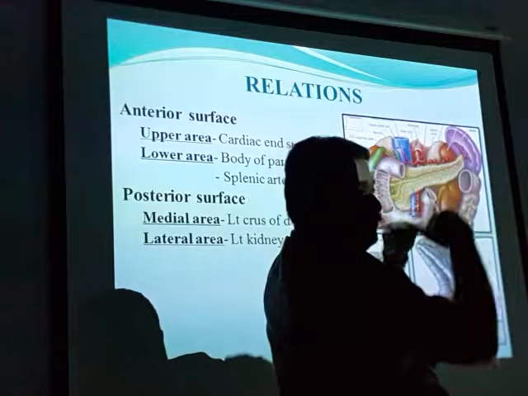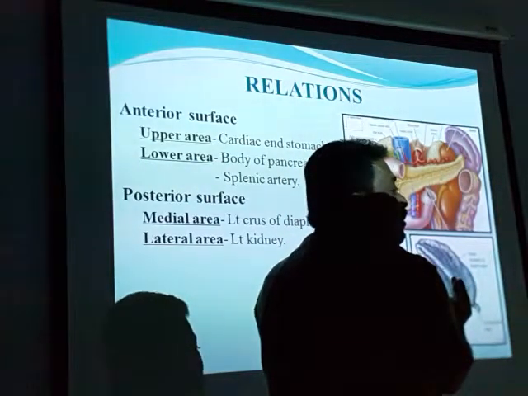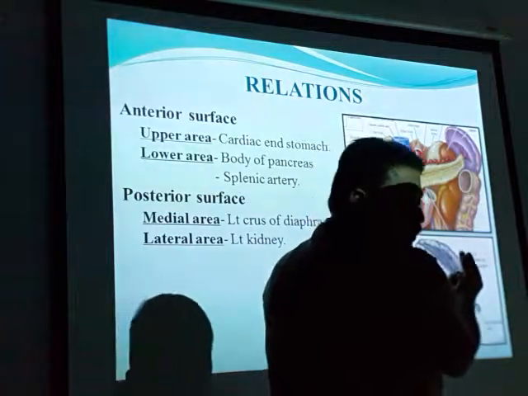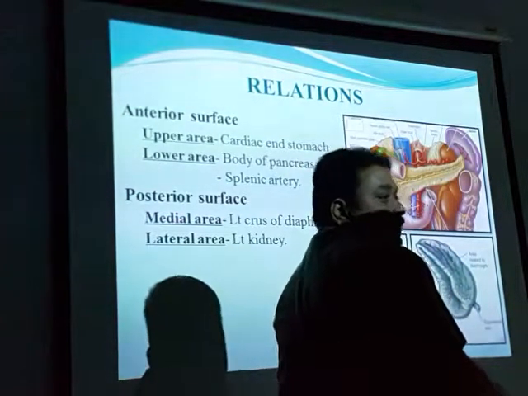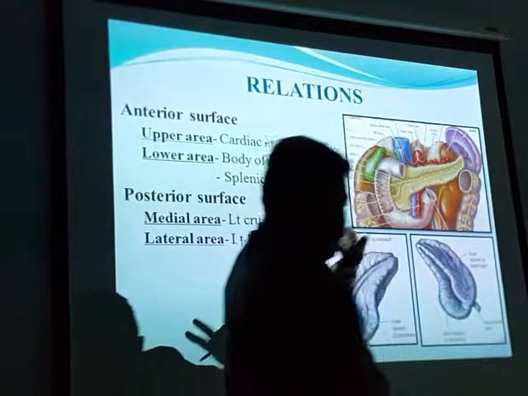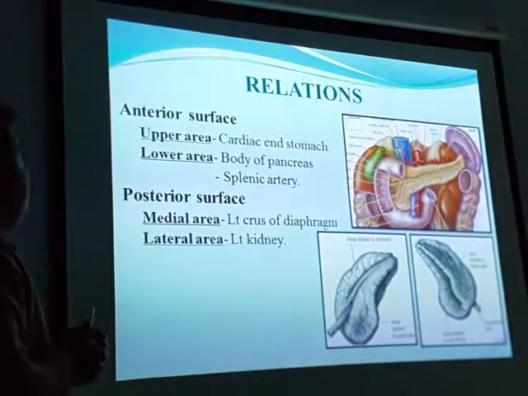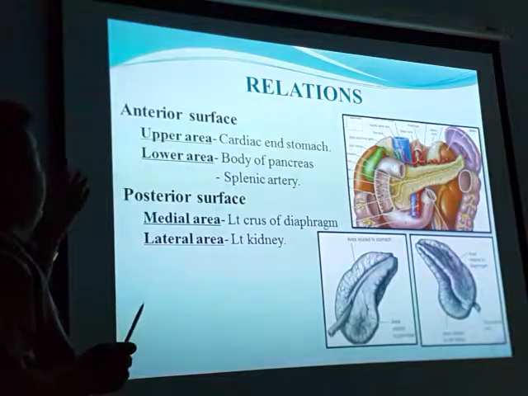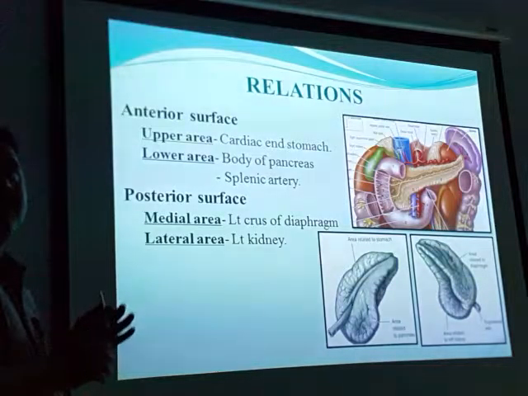It has origin points on either side of the vertebral column. In the left side, the left crus, and in the right side, the right crus. This is about the anterior and posterior relations of the left suprarenal gland.